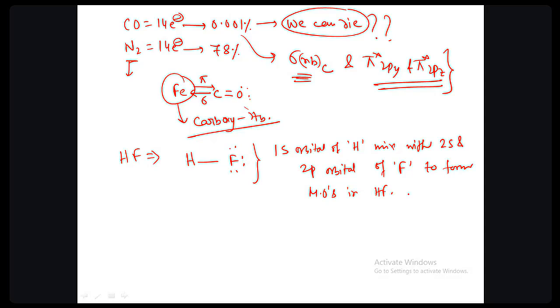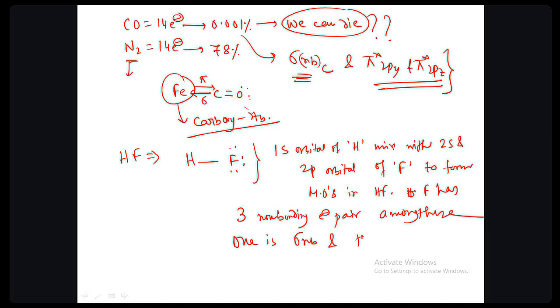Among the 3 non-bonding pairs of fluorine, one is sigma non-bonding and the other two are pi non-bonding. So that you have to remember.